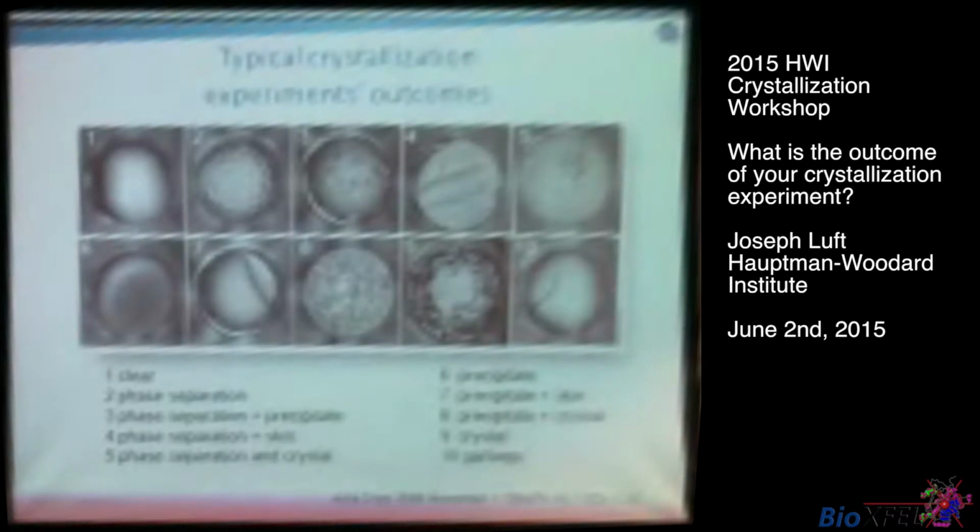And this was a slide that Ed showed earlier, but it basically just breaks down. This was taken from a set of 96 different proteins that were screened against 1,536 soluble conditions. Roughly 40% of those proteins gave one or more crystals.